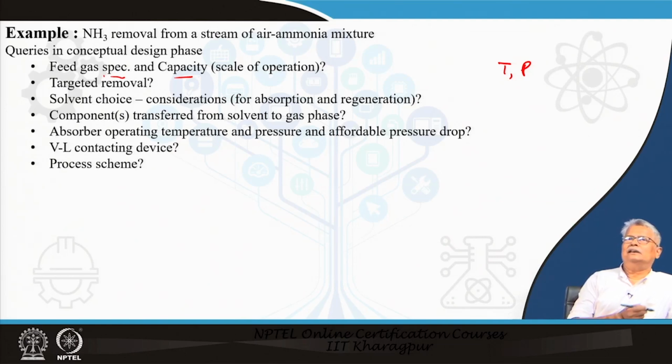So, if I am thinking that I will be using a system in which my absorption will take place at atmospheric pressure, my gas has either to be supplied at a pressure above atmospheric pressure, or there has to be a blower or some such thing, or a compressor or some such equipment, so that the pressure drop in my equipment can be mitigated.